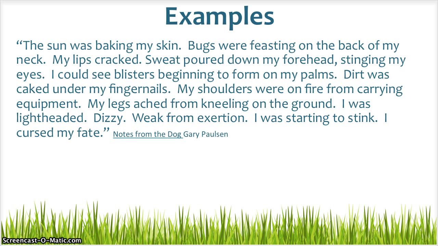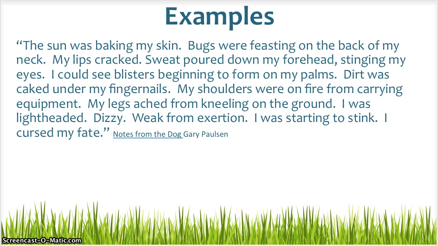"I cursed my fate." Now, Gary Paulsen here did something fantastic. He was able to show us details. Even though he did sometimes say things like, I could see, one thing that he's good at here is that he's showing us details. He didn't have to say that he saw dirt caked under fingernails. He showed it to us, and we didn't even need to be told it.